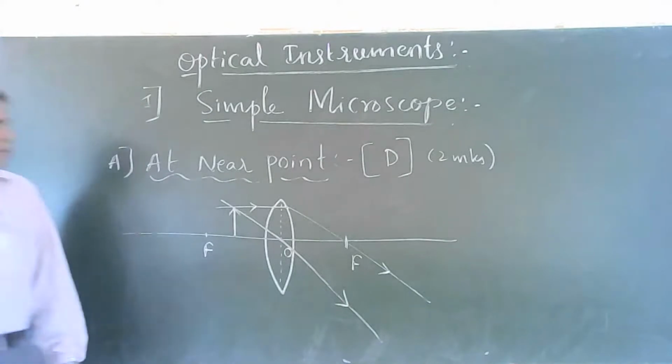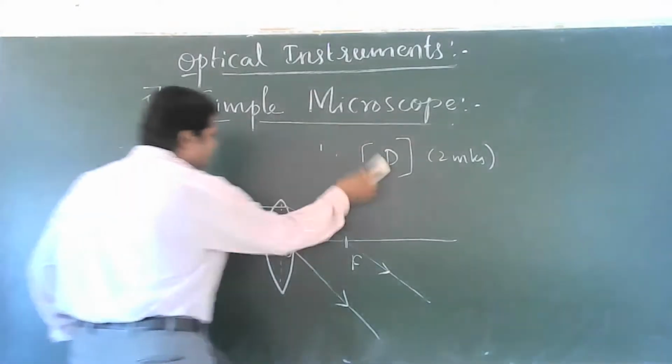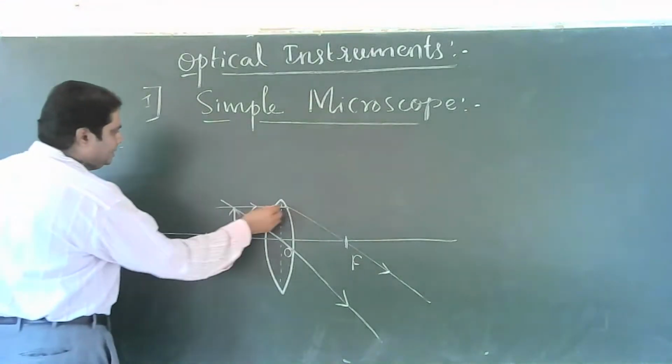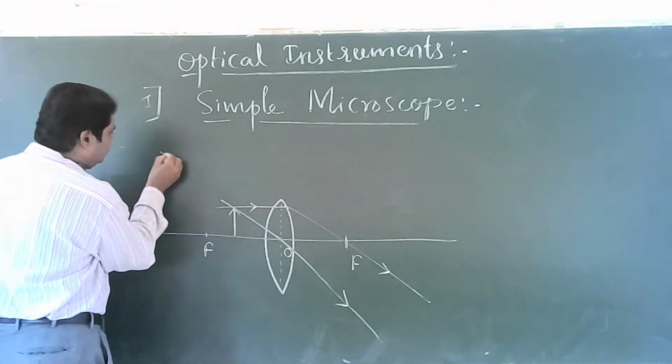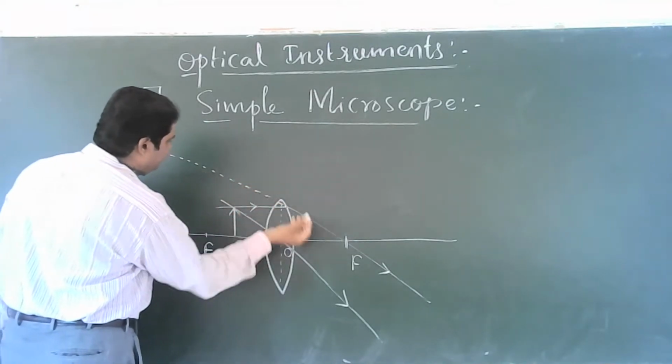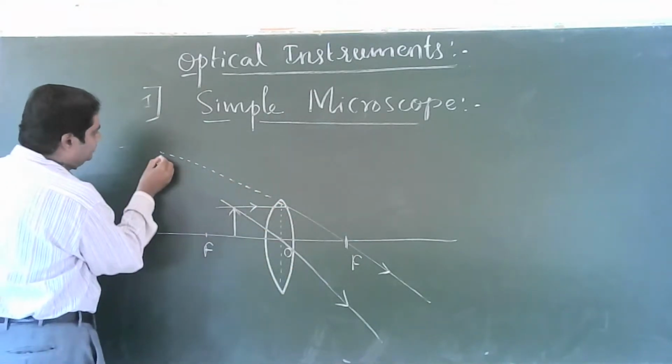How to construct the image then? Simple. Let us draw these two rays back.